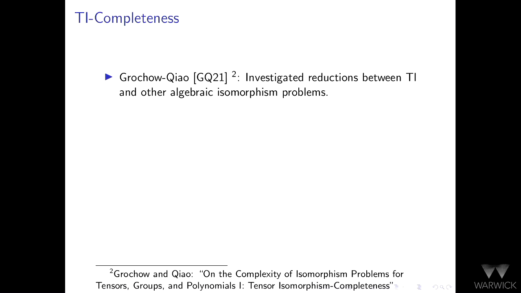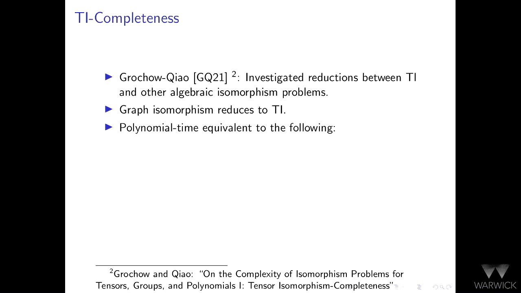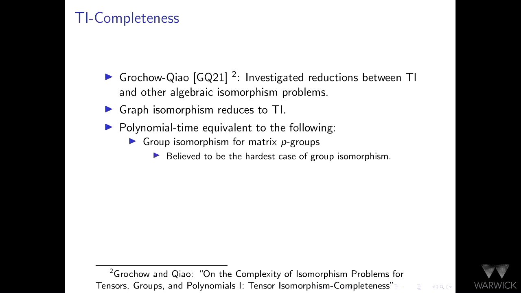Furthermore, in a work of Grochow and Qiao, they also investigated reductions between tensor isomorphism and other algebraic problems. For example, graph isomorphism is a special case of tensor isomorphism. Furthermore, the tensor isomorphism problem is polynomial-time equivalent to several problems, such as the group isomorphism problem for p-groups, that is, groups of prime power order, where the groups are presented by their generating matrices.